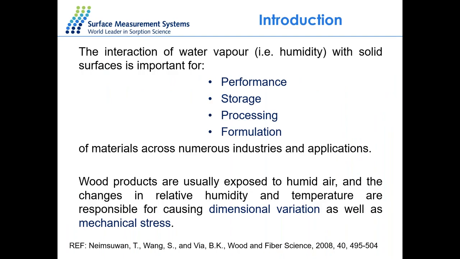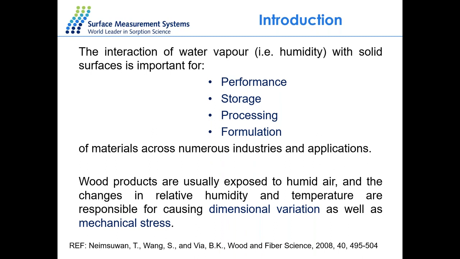Why are we interested in using a gravimetric technique to analyze this type of material? Well, in general, what we are looking at mainly with DVS is absorption of water or humidity. And humidity usually affects the performance of building and wood material, the storage, the processing, and the formulation of this material.